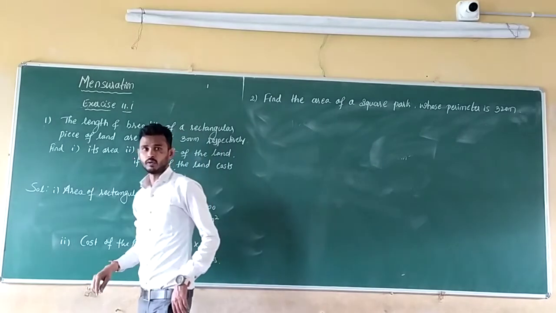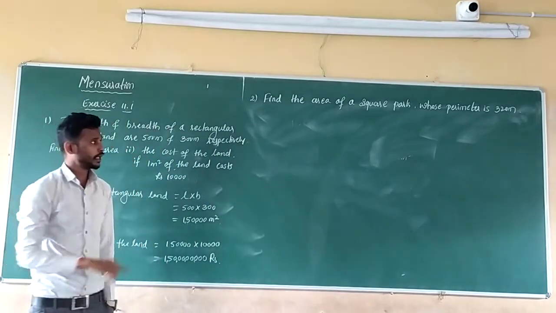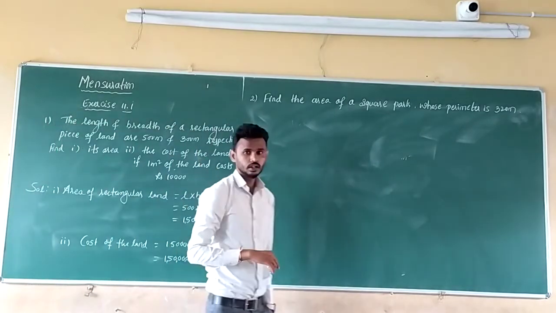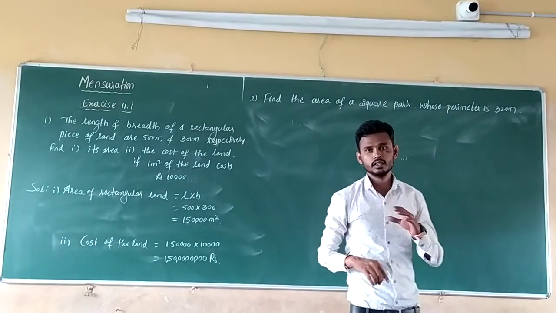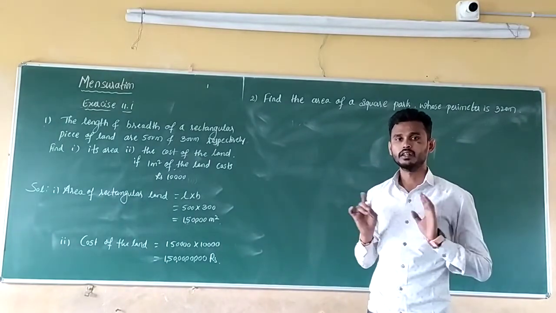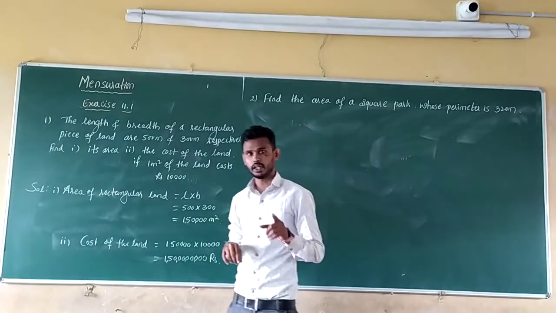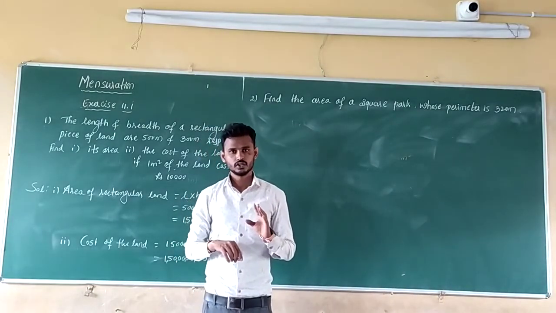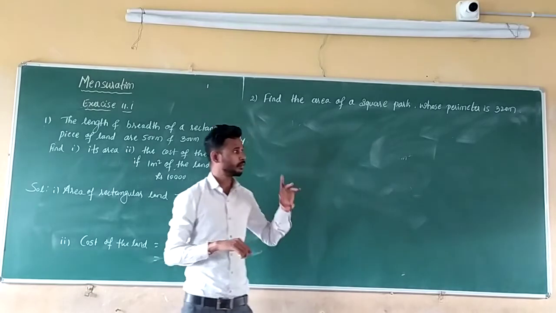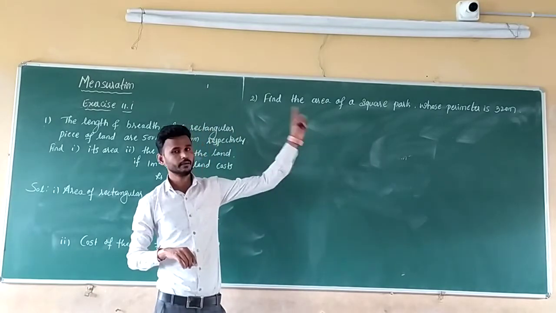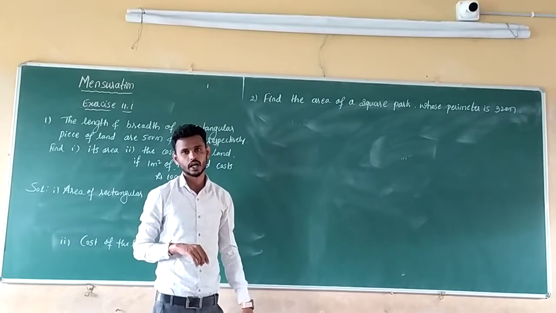So here they have given the perimeter of a square plot, but we need to find what? The area of the square plot. So for finding the area of the square plot, we need the side of the square. So how do we find the side of a square? By using the perimeter of a square.